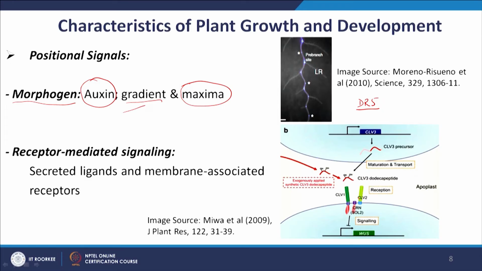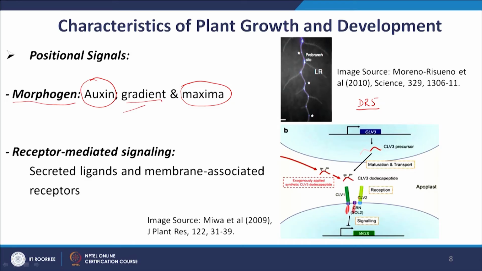How is it doing this? It might be activating some set of genetic network. Where is it activating? It might be activating in some of the cells which are competent to give lateral root primordia. So, this is one mechanism, through morphogen.